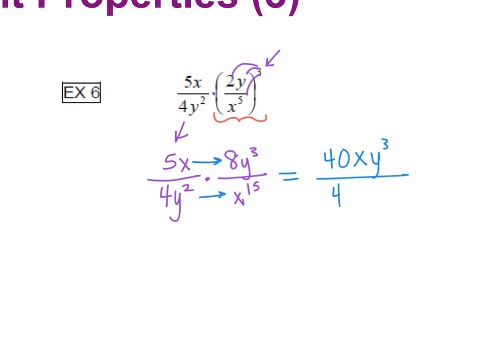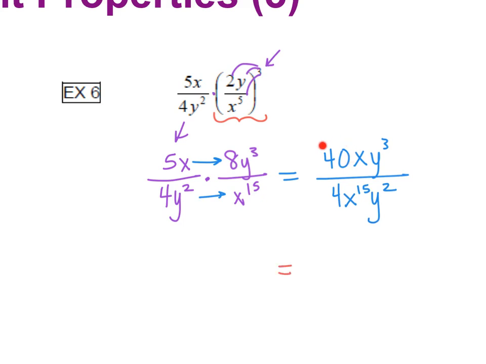And even though I have this y squared first, I can see there's an x, and I just want things in the proper order and the order that matches up here. So I'm going to look at the x to the 15th first. There's no x's over there to simplify with, so that stays as x to the 15th, and that y squared stays. All right, so now we can simplify our fraction.